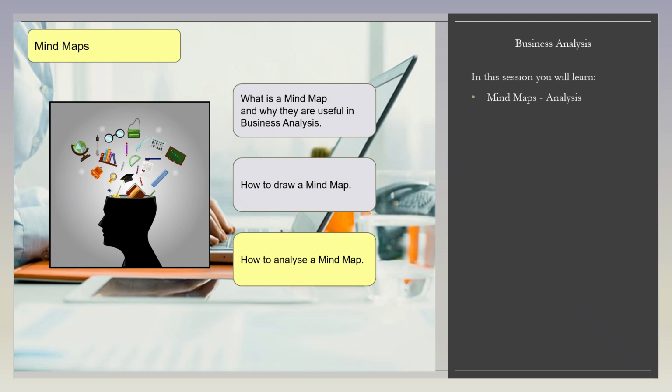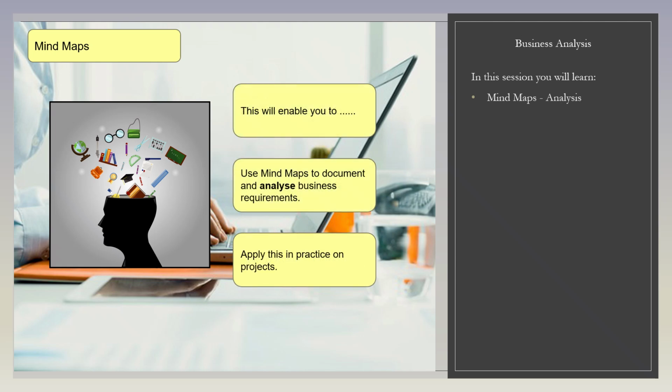In this session, we will take a look at how to analyse a mind map, how you can use them to analyse and gain a better understanding of the business requirements for a project.